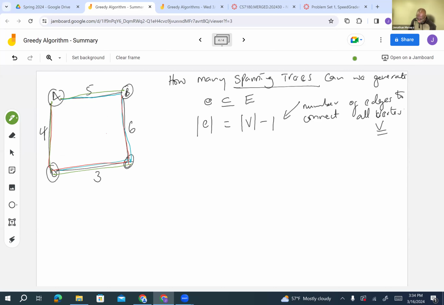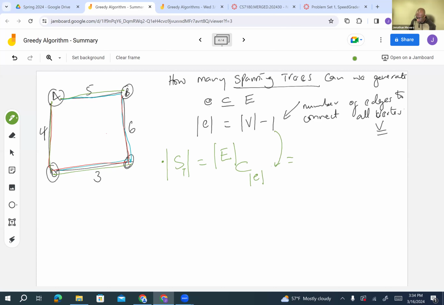So essentially what we are saying is the number of spanning trees, maybe I would say cardinality of spanning trees, is all the edges that we have, and then choose E, where E is this one here.